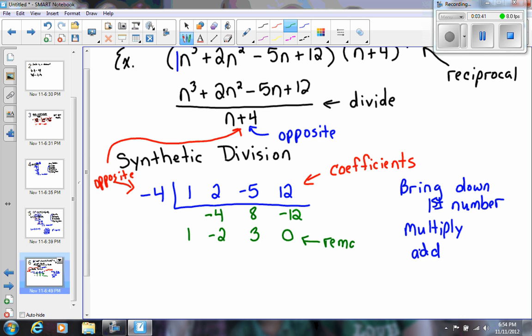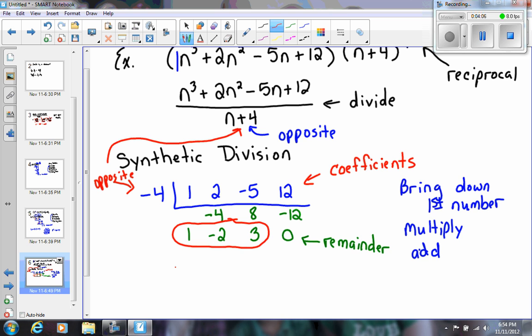So I have a remainder of 0, just like we did in the last problem. Then this part actually tells you what your answer is. And what you have to do is, because we started with an n cubed, drop the power down 1. So you have n squared. So my answer, the 1, this is the coefficient of my answer.